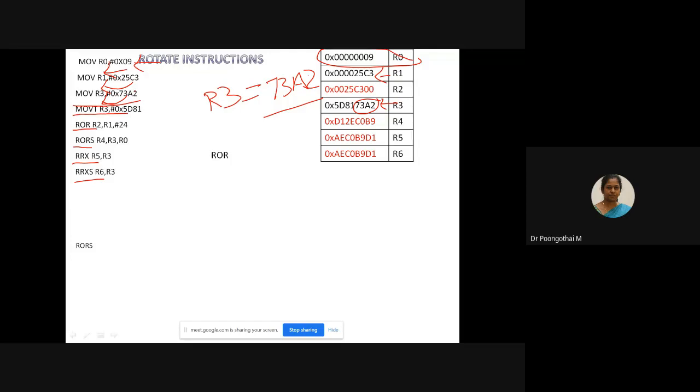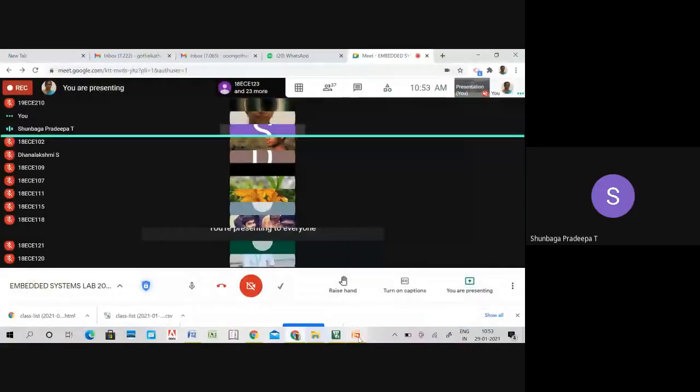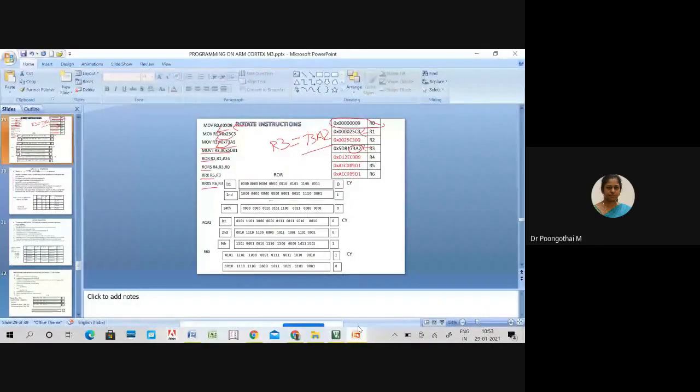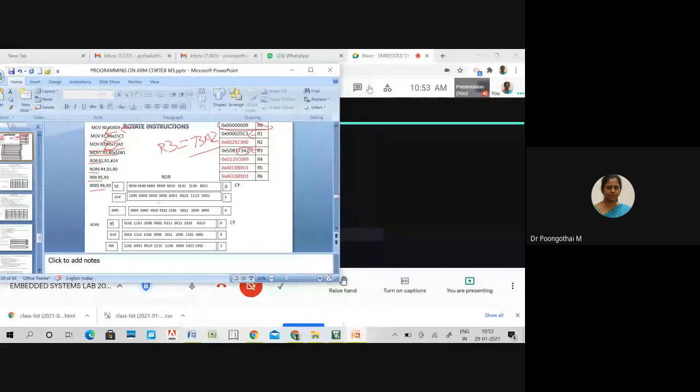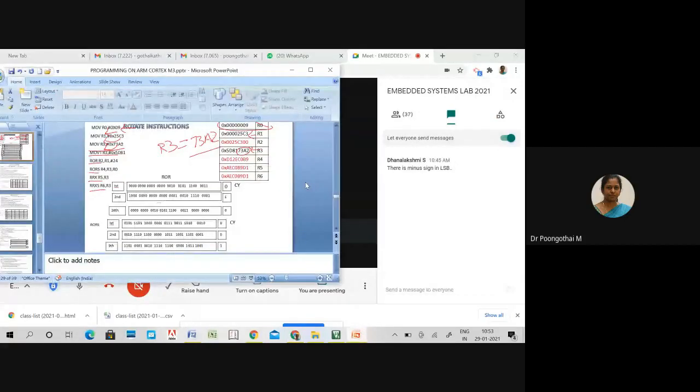What is the purpose of the move top instruction? Number 98, please answer. What is the operation of move top?